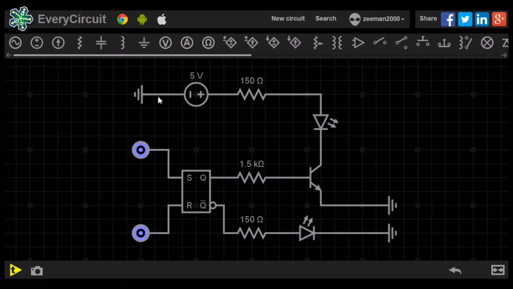We have a 5V power supply connected to a red LED and current limiting resistor. This then connects to the collector of the transistor. The emitter is connected to ground. This circuit is to simulate how we could use the flip-flop as a type of proximity alert device.